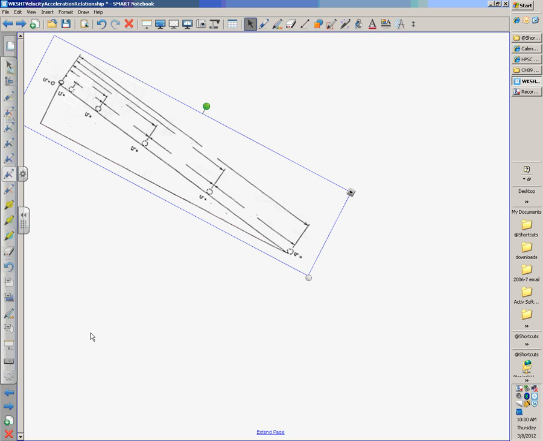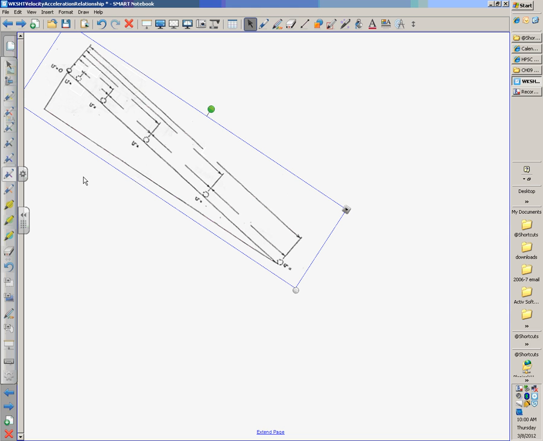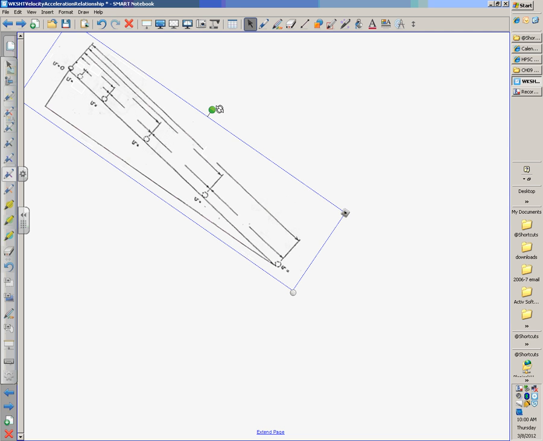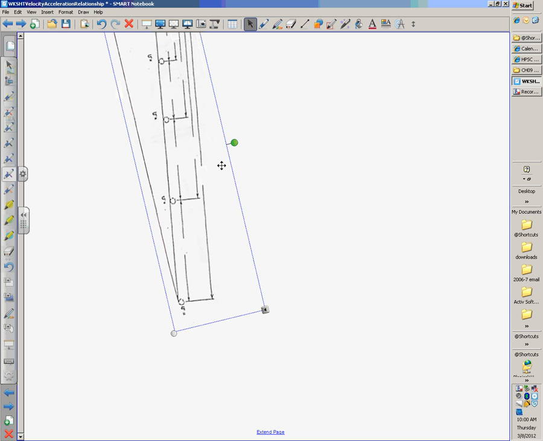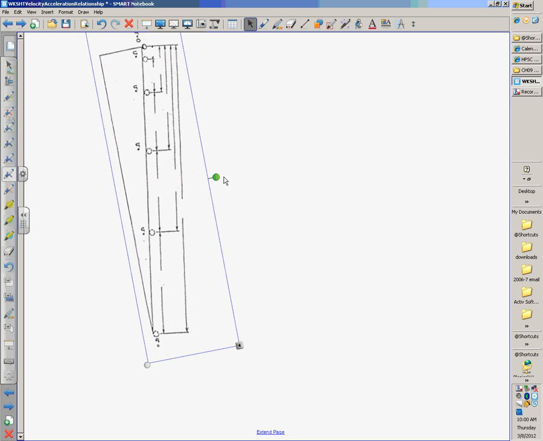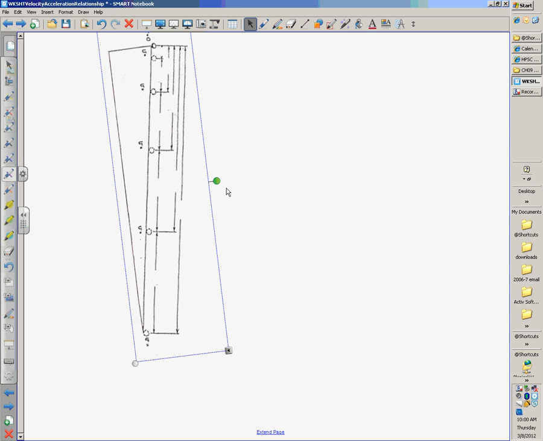More and more. And as it gets steeper and steeper, what do we see about the acceleration of that object? It would increase faster and faster. If I tilt the ramp so that it is completely this way, right?